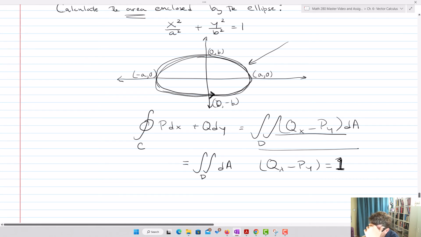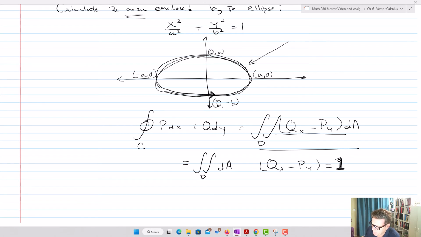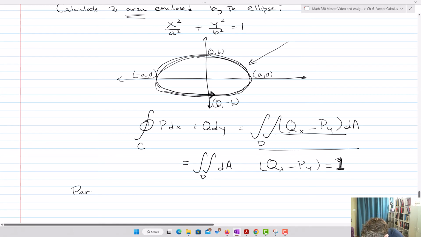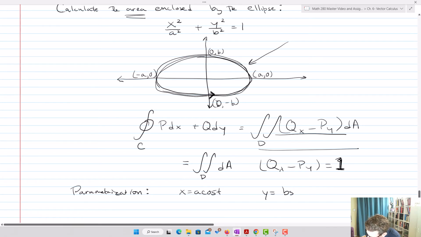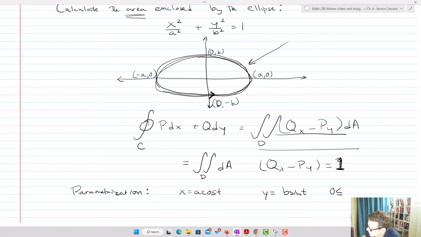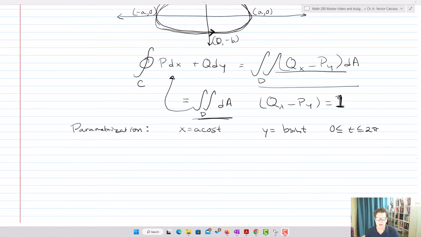And we're going to need, like we do for any situation, an appropriate parameterization for the ellipse. You may remember this from your Calc 2, but we're going to remind you, it is going to end up being x equals a cosine t and y equals b sine t, for 0 less than or equal to t less than or equal to 2 pi.